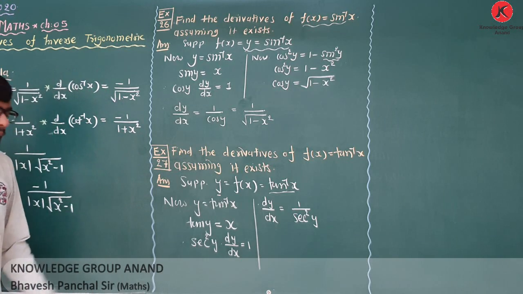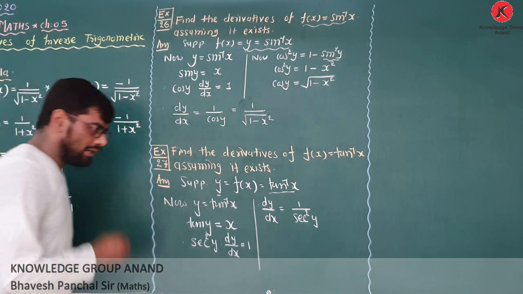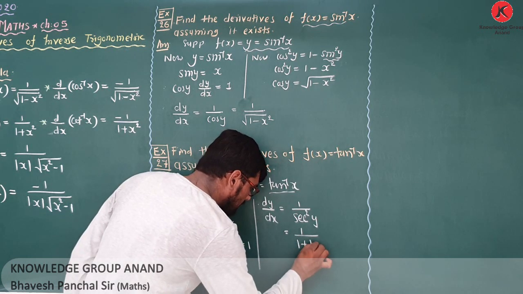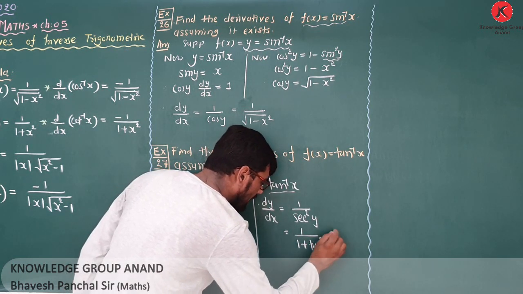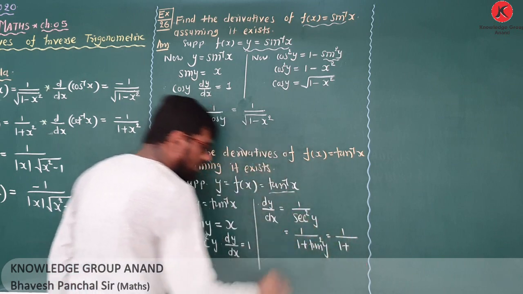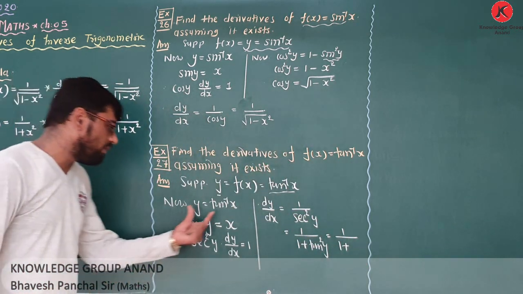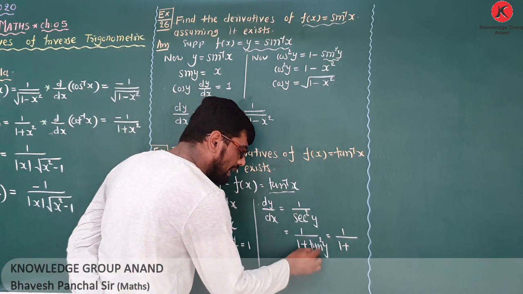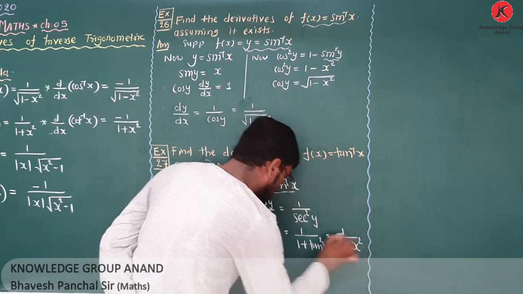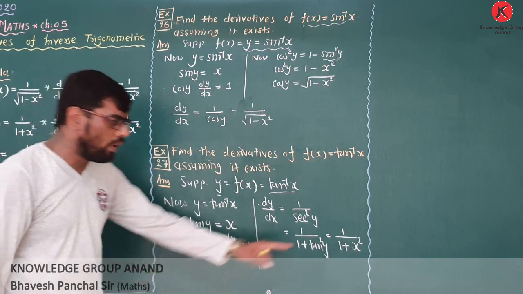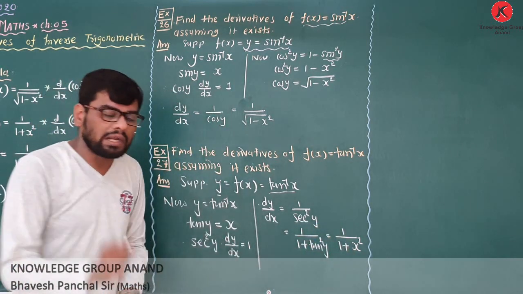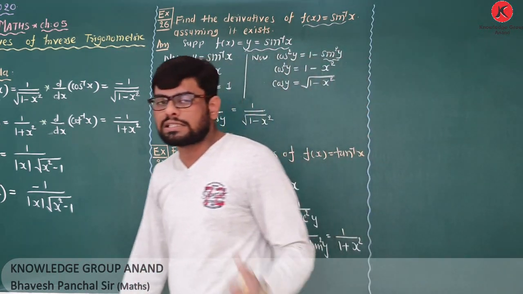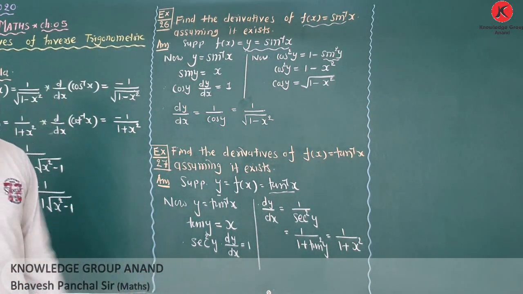Now convert sec into tan, the formula is sec square y equal to 1 plus tan square y. We know tan y is x, so we put tan y equal to x, and the answer is 1 plus x square. Then we get dy by dx equal to 1 upon 1 plus x square, but here y is tan inverse x, that means derivative of tan inverse x is 1 upon 1 plus x square.